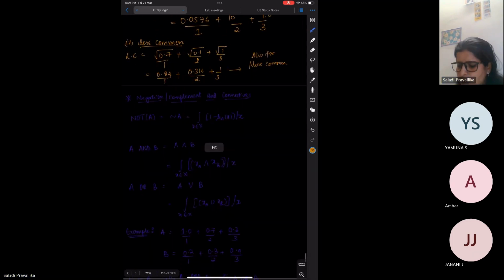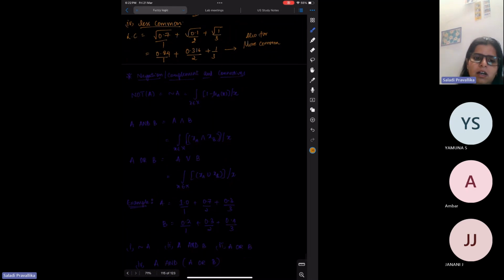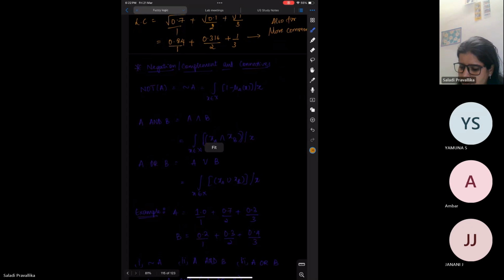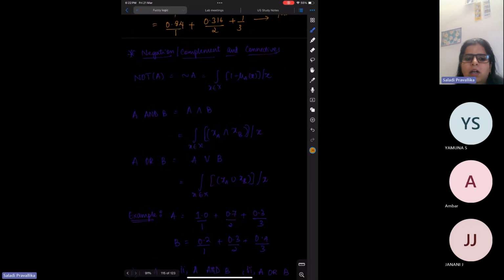Now we'll look at negation and complement. We all know what a negation or a complement is. It's basically the opposite of what we say. For a given fuzzy set A, if we have a membership value of μA, and I want to know the complement of that value, then I take 1 minus μA.